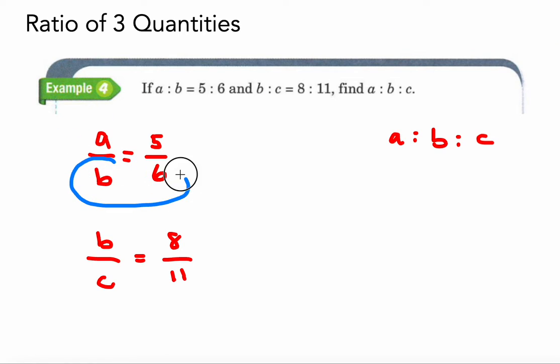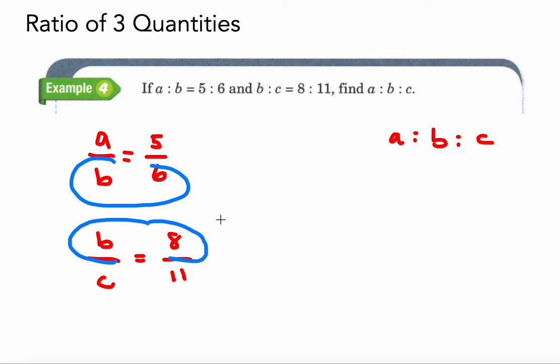They both have a B. And we now need to combine them together so that we have one ratio of A, B, and C. So this is what I mean by this has a lot of similarities with working with fractions. Because if I know that I need to connect these two different ratios together and their one common quantity is B, and that's 6 and 8, I need to basically find what 6 and 8 both can get to.